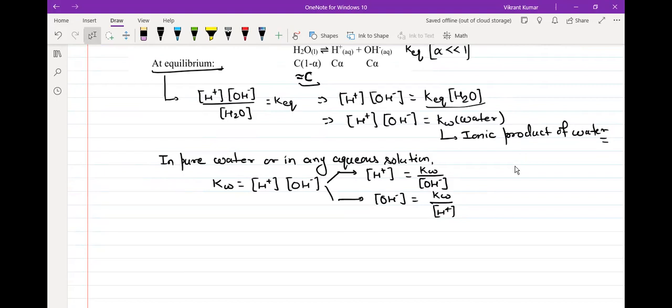Clear? Now in this case, because H plus and OH minus ka source is only water, in pure water, I am telling you, in pure water, H plus and OH minus will always be equal, because the only source of H plus and OH minus is H2O, and it will produce equal amount of H plus and OH minus because the coefficients are same, है ना?